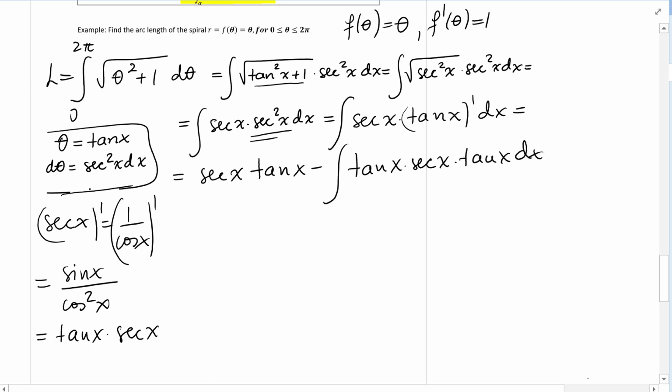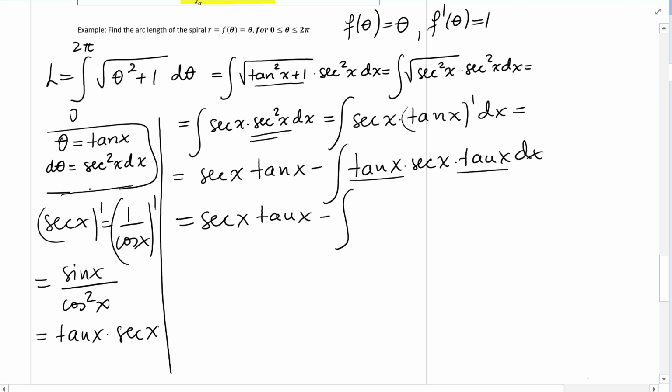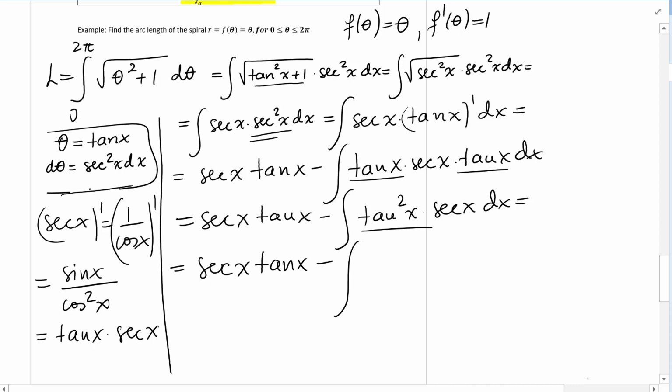So this equals secant of x tangent of x minus the integral of tangent squared of x times secant of x dx, which equals secant of x times tangent of x minus the integral of secant squared of x minus 1 times secant of x dx.